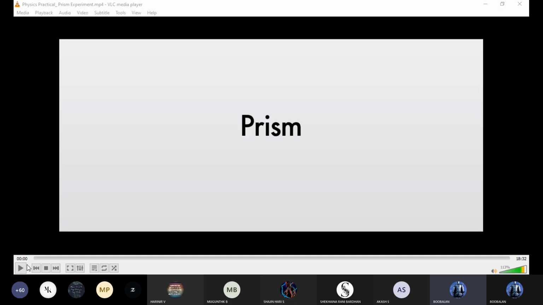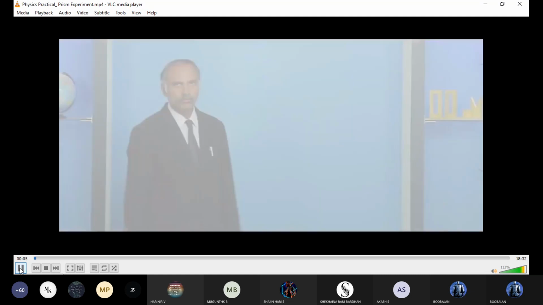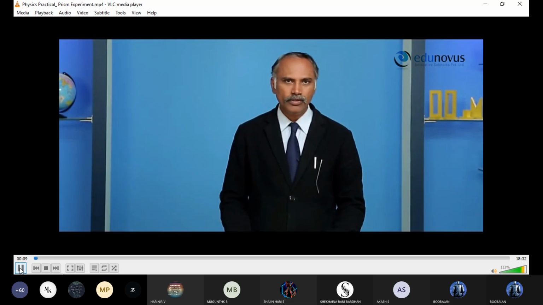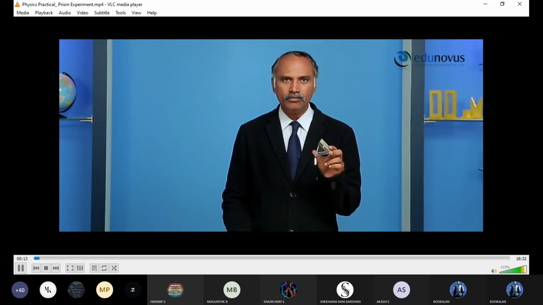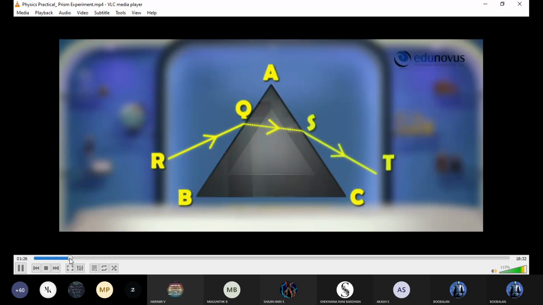Everyone take your record note and lab manual also. So now we'll discuss the prism. Light travels again on a straight line in another medium.